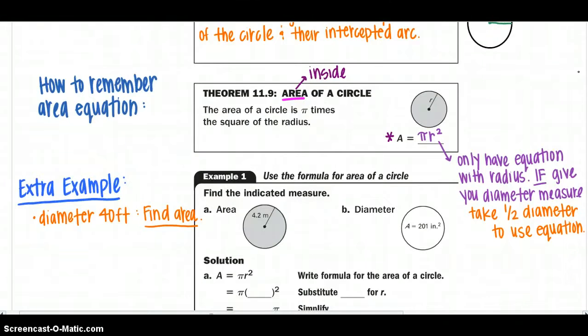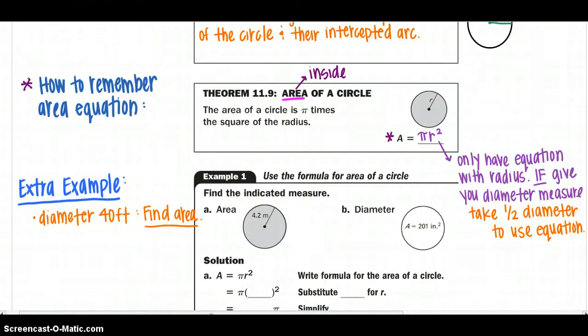And remember that in our circumference, we had two different equations, and as you can see, we're only going to deal with one equation. So if you're given the diameter, just take half of your diameter so you can get the radius that you need to plug into your equation. Some people might get the circumference and area equations mixed up.